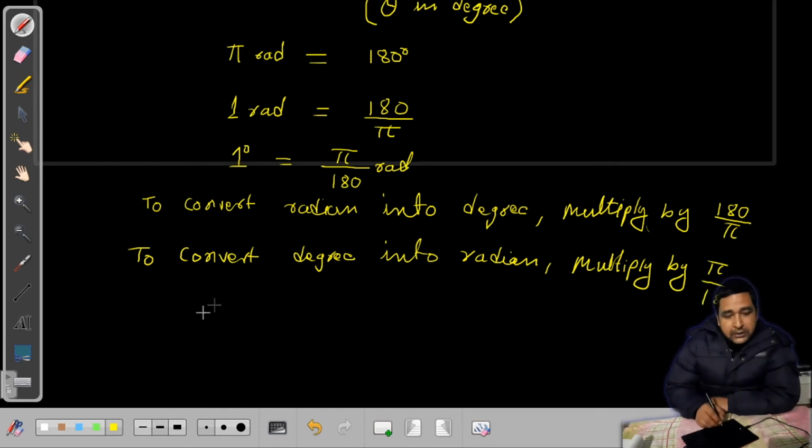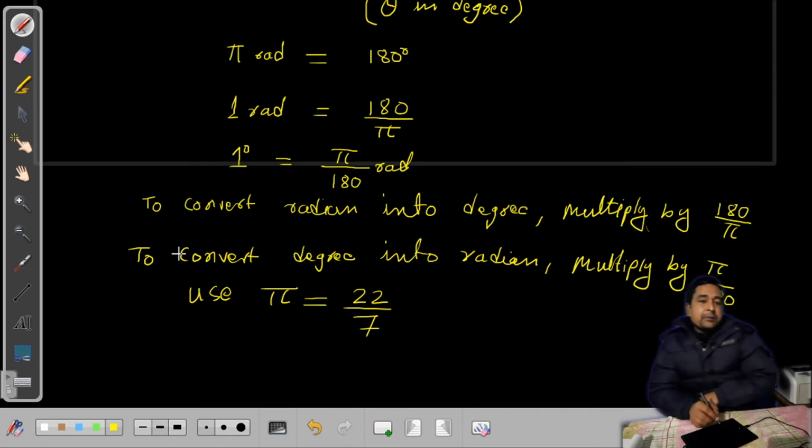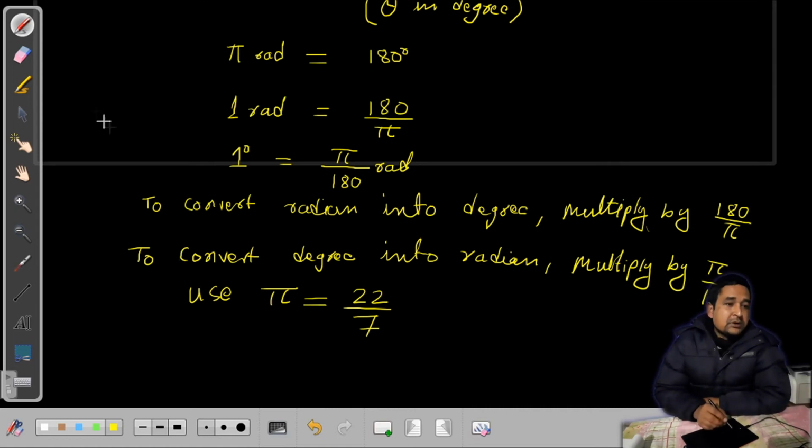Here we use pi equal to 22 upon 7. Okay, let me do one sum to show you how to convert radian into degree.